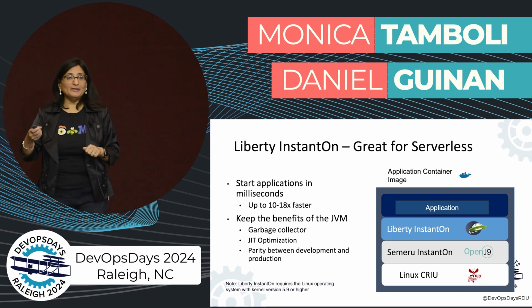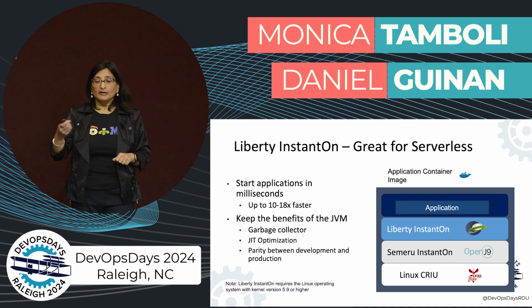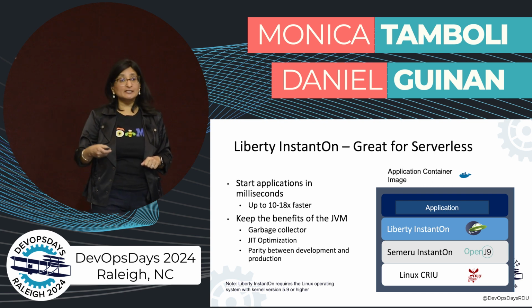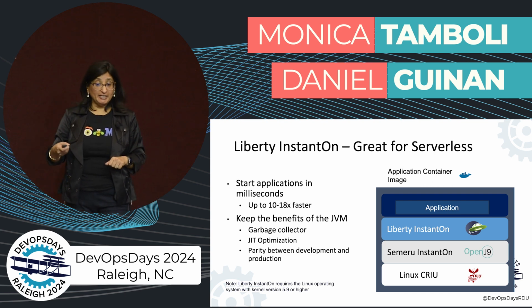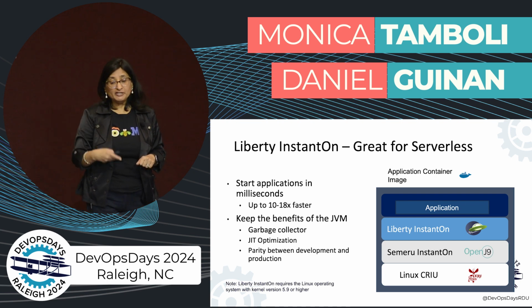For your application to make use of that instant feature for quick startup, you are using the Liberty InstantOn feature, which actually uses Semeru JDK, which also has that feature.